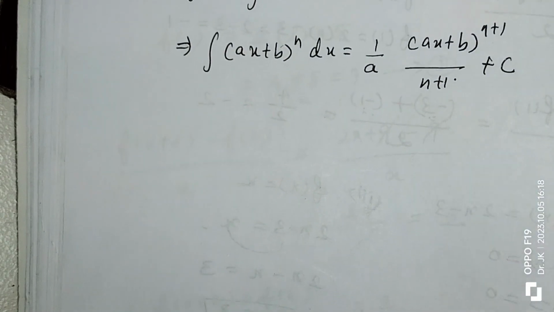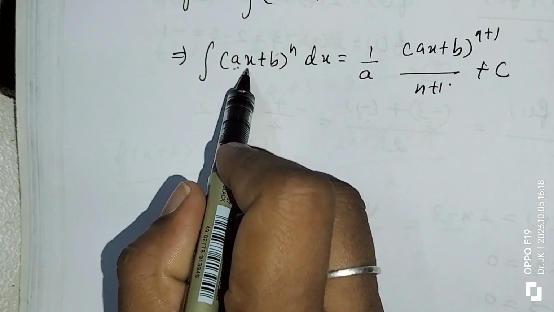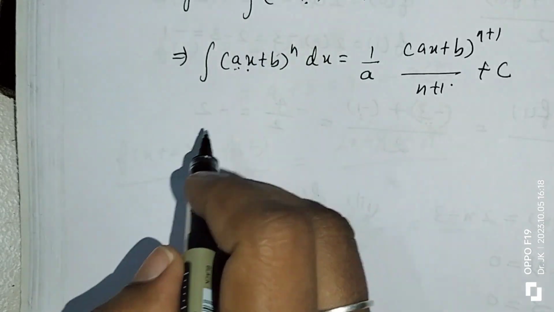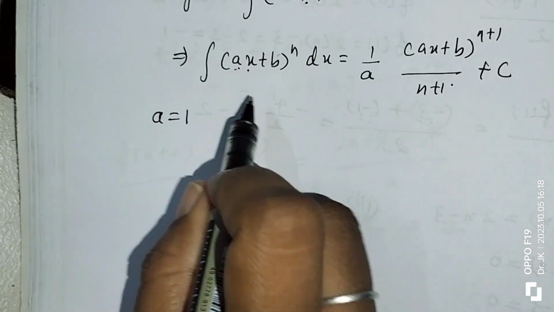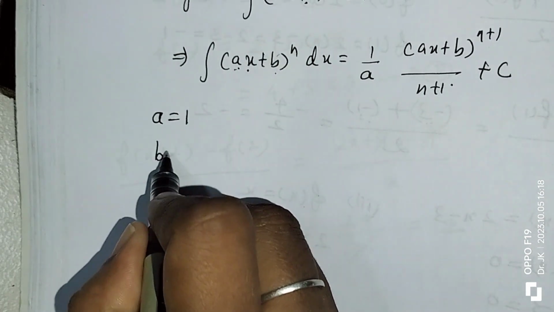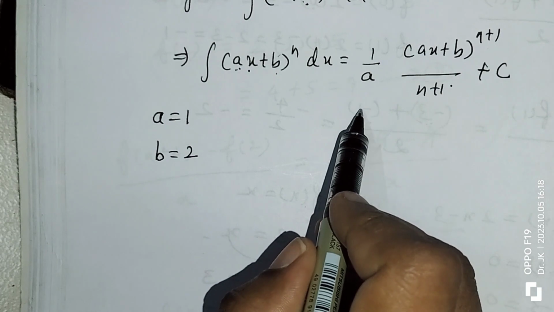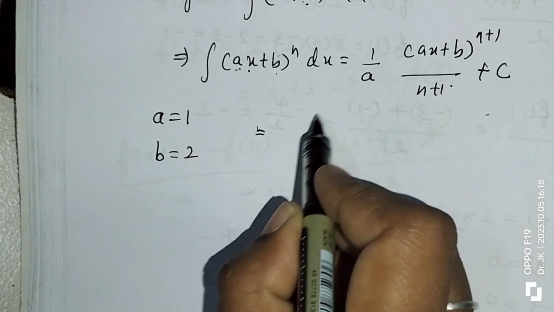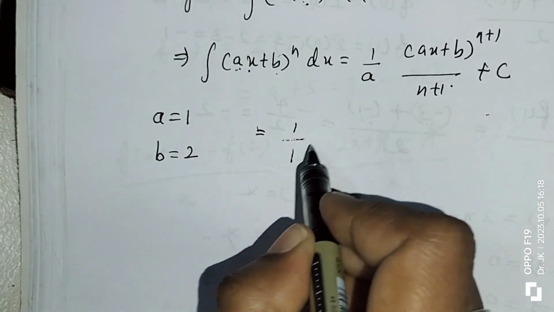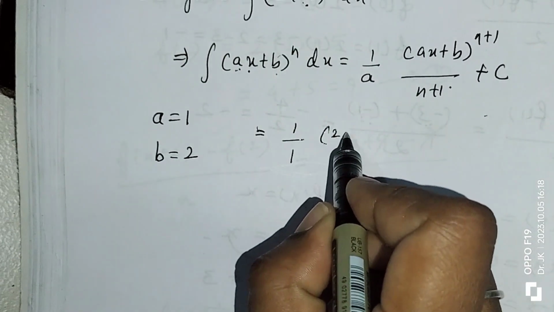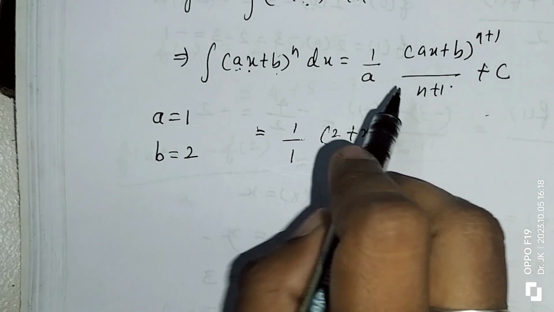So here a is equal to what? The coefficient of x is 1, so a is equal to 1 and b is equal to 2. So you just apply the formula in the result. Instead of a we put 1, and ax plus b means the given one, 2 plus x the whole power n plus 1.